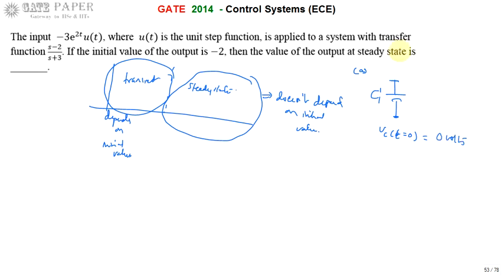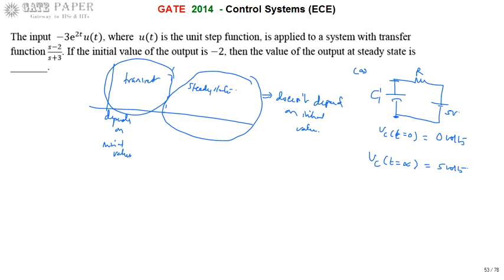Now you apply 5 volts through a resistor. After 5 time constants, the capacitor reaches the steady state value, which is the applied voltage, so Vc at t = infinity is 5 volts.